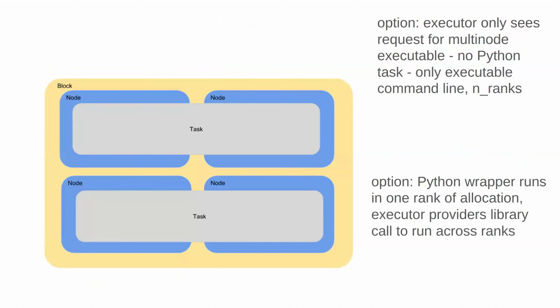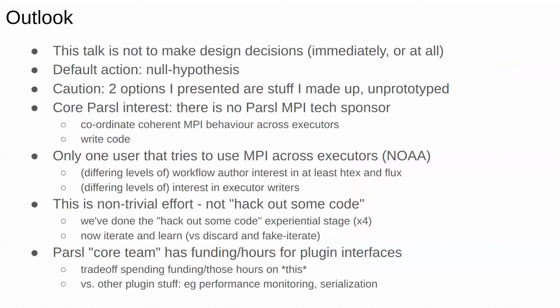So those are the two technical points. I'm not saying these are options that we have to pursue. It's just throwing ideas around about where we might go in the middle to long term. The default is the null hypothesis. These options are just things I made up and didn't prototype.